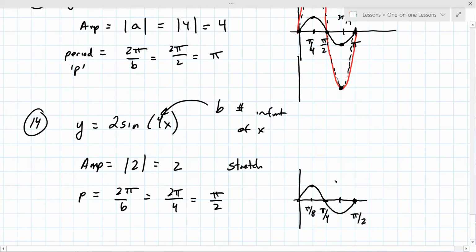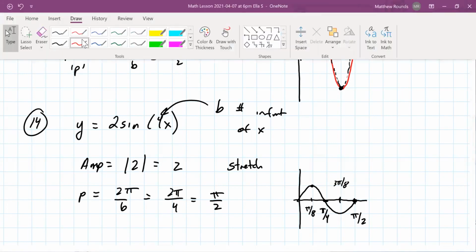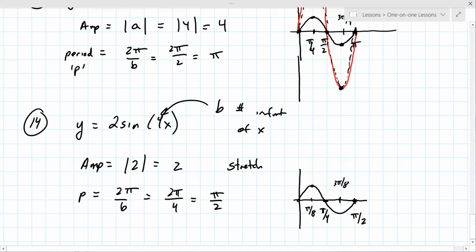And then this is 3 pi over 8. This 2, though, what does it do? It pulls this graph up. So instead of being a 1 here, it pulls it up to 2. So it pulls it up, 0 stays there. This pulls it down like that.